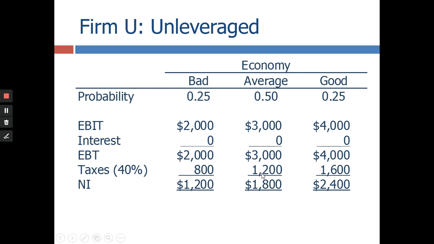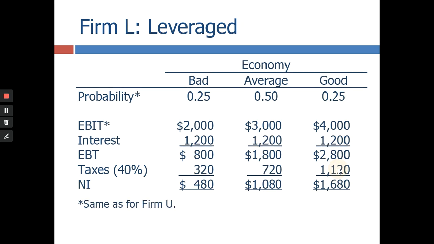So for 3,000 you pay 1,200. For 4,000 you pay 1,600 tax. All right. So remember 800, 1,200, 1,600. That is the tax you pay when the company has no debt.